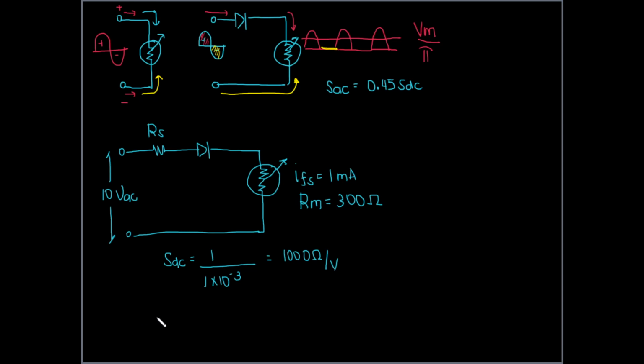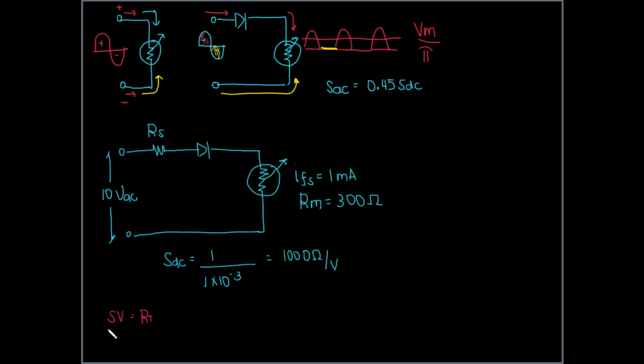So if we're going to recall that formula, we basically have the sensitivity in DC multiplied by the voltage will now be equal to the total resistance. As I always say, this is nothing but Ohm's law.